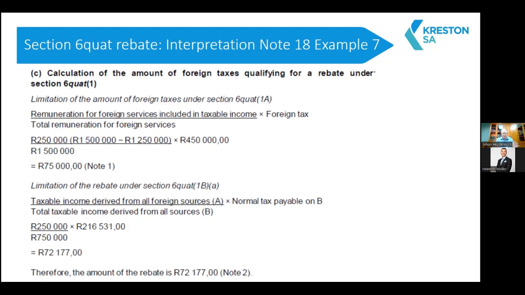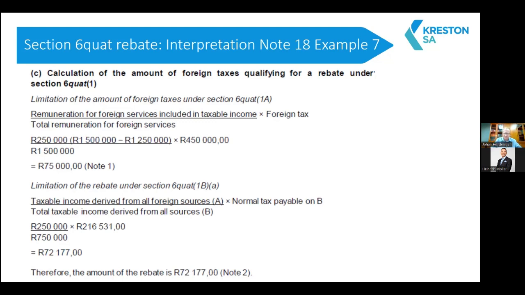You're not finished. You can't just claim 75,000 rand. Now you've got to say, but hang on, this 75,000 rand is limited. My rebate is limited to the taxable income that I pay on that. So you take the taxable income derived from foreign sources over my total taxable income, multiplied by my South African taxes.